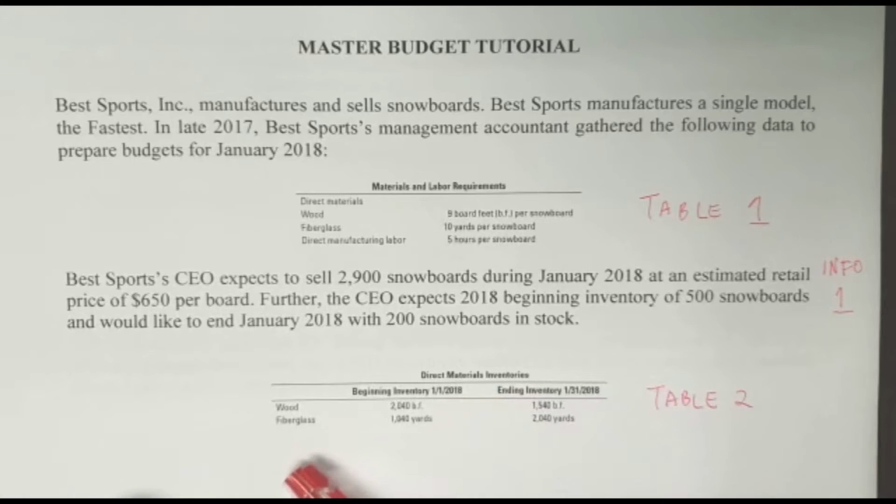Okay, so they use both wood and fiberglass, and we can see here for wood, the beginning inventory for the year of 2018 is 2040 board feet, while the ending inventory for wood is 1540 board feet. Fiberglass is 1040 yards, while the ending inventory is 2040 yards, and I named this as table 2.